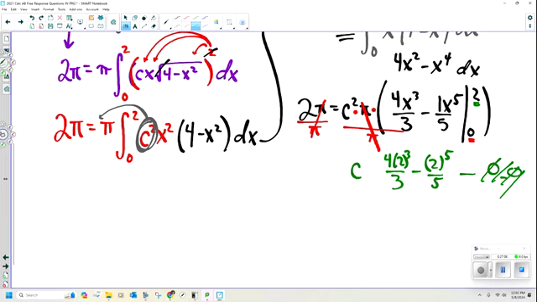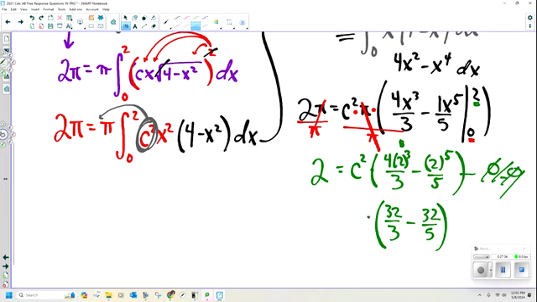Times c squared equals 2. All right, well, let's do what we got here. 2 cubed is 8. 8 times 4 is 32 over 3 minus 2 to the power of 5 is actually 32 as well over 5 times c squared equals 2.